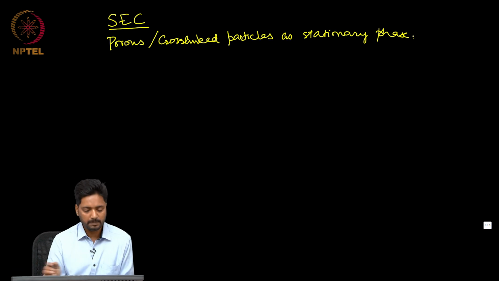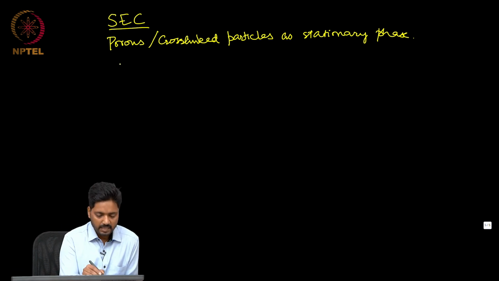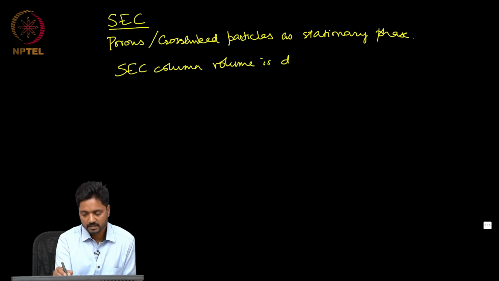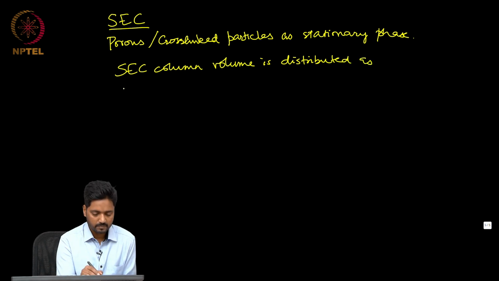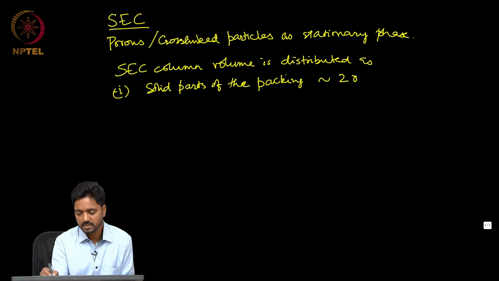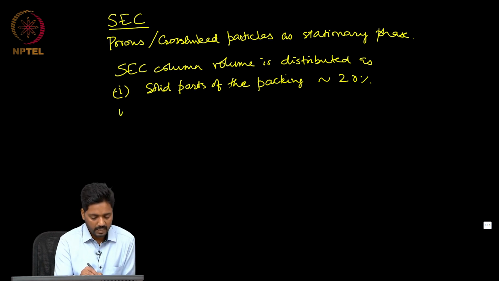What people have realized is that the SEC column volume is distributed into 3 types. The first one is the solid part of the packing, which occupies about 20% of the column volume. Then we have the pore and the void.